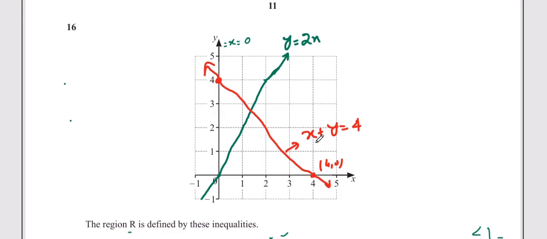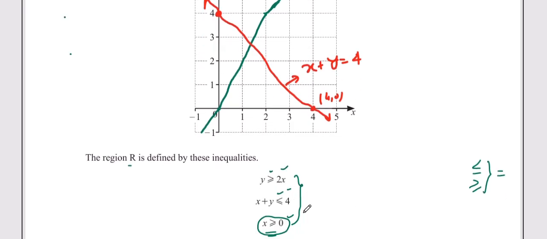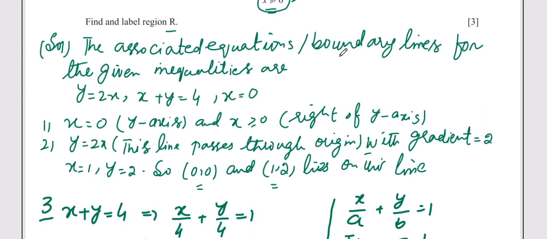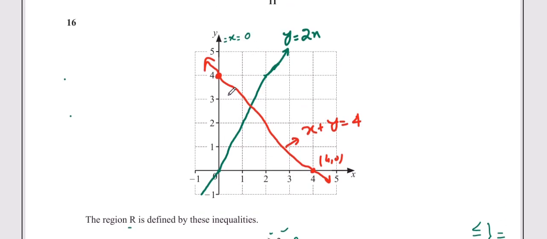Now we have to shade the region R that is satisfied by these 3 inequalities. The first inequality is, suppose this is my first inequality, x greater than or equal to 0. X greater than or equal to 0 means right of y-axis. The right of y-axis means this area.